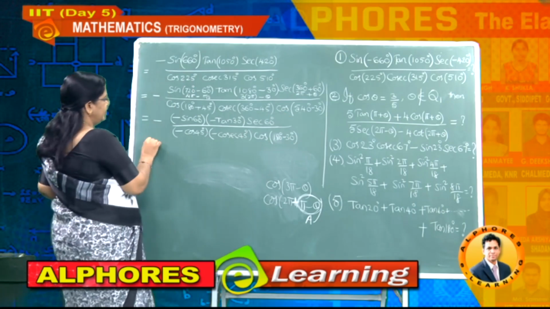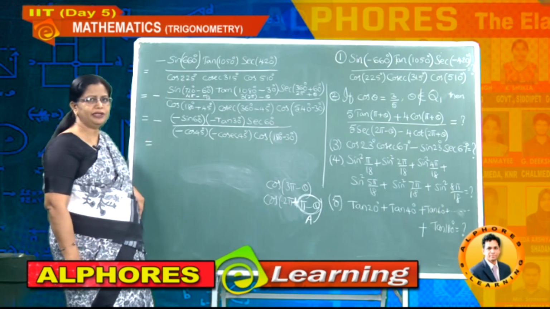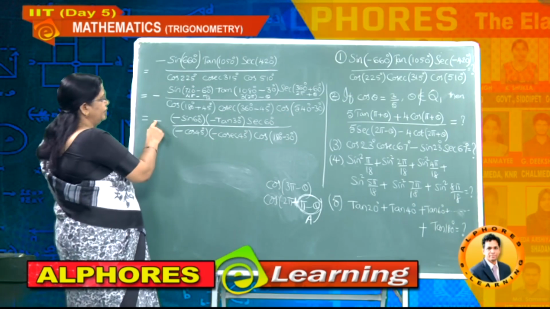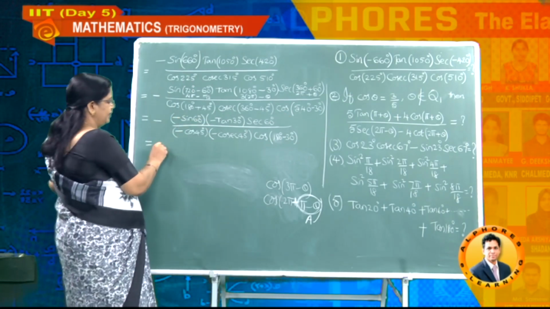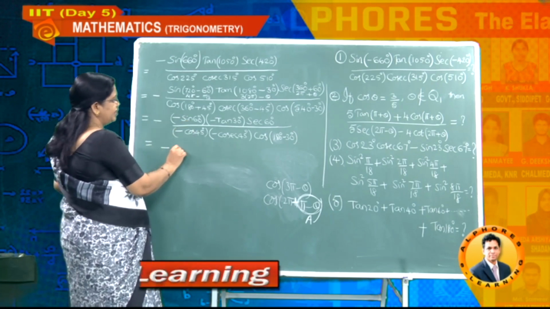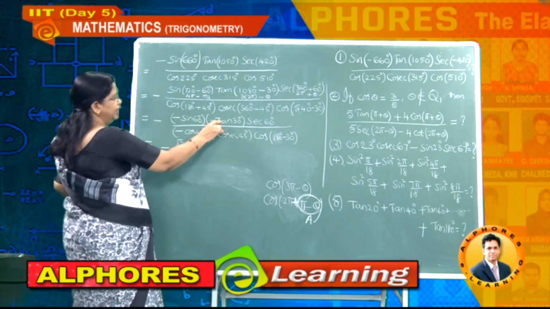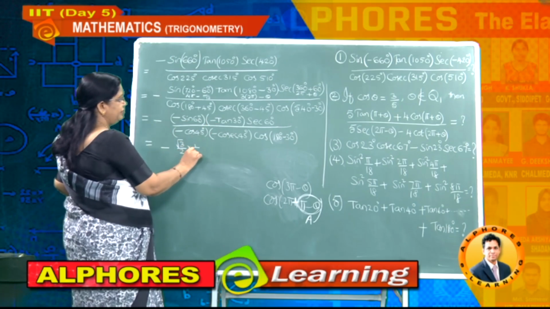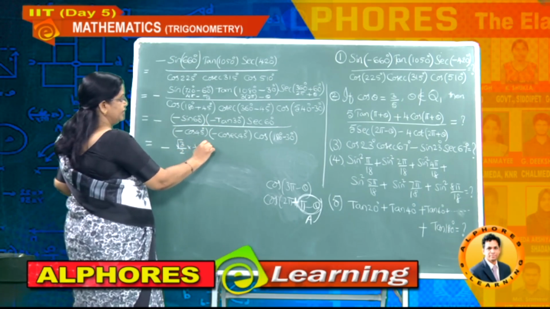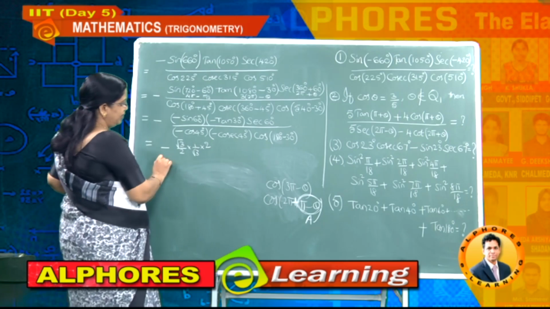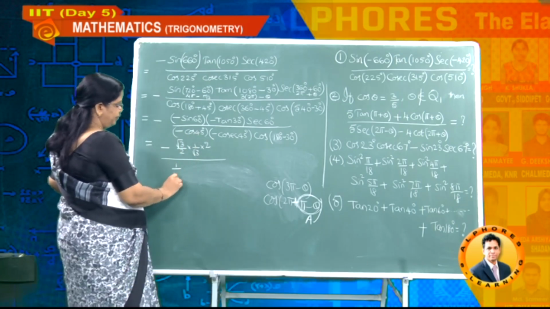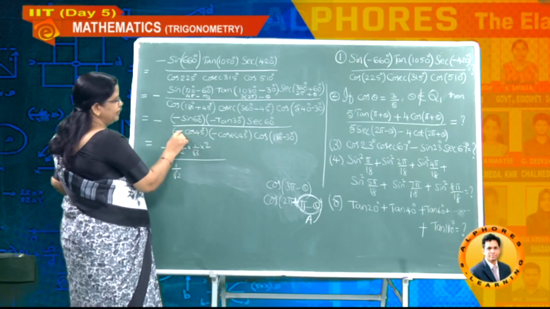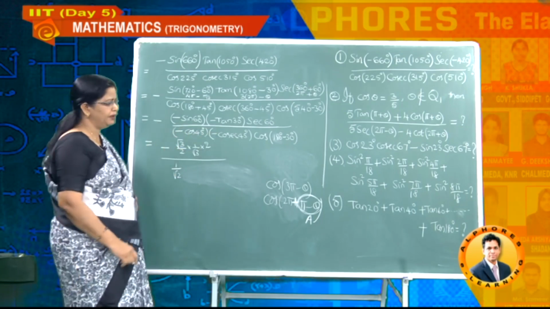And now let us first find how many minus symbols in numerator. Minus into minus into minus, one more extra minus. After that sin 60 is root 3 by 2, tan 30 is 1 by root 3, secant 60 is 2. And in the denominator, cos 45 is 1 by root 2, and this minus into minus you got plus.